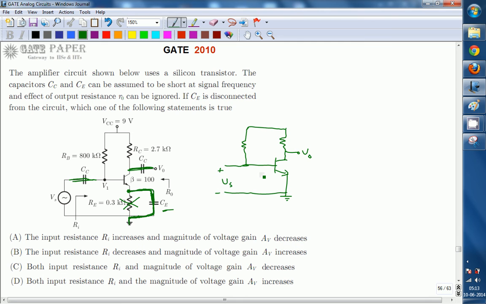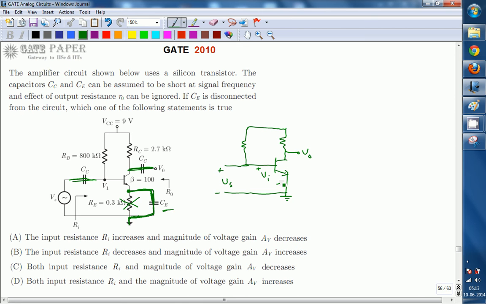This is Vi. Vi is the effective input voltage applied across the terminals of the BJT. The BJT amplifies the voltage signal which appears across its input terminals, that is, across base and emitter. Whatever voltage appears across base and emitter, only that will be amplified, because that is considered the effective input signal.